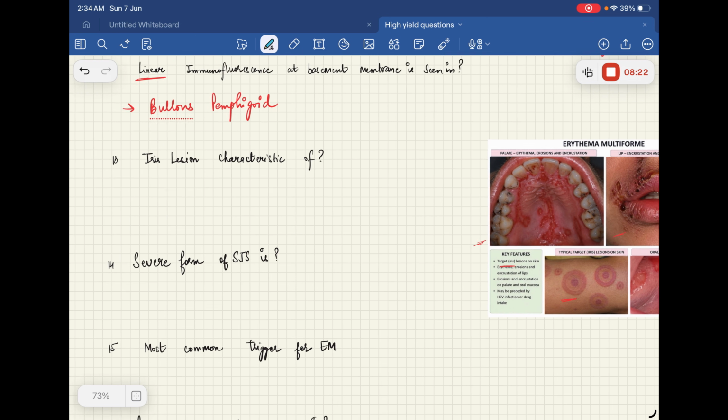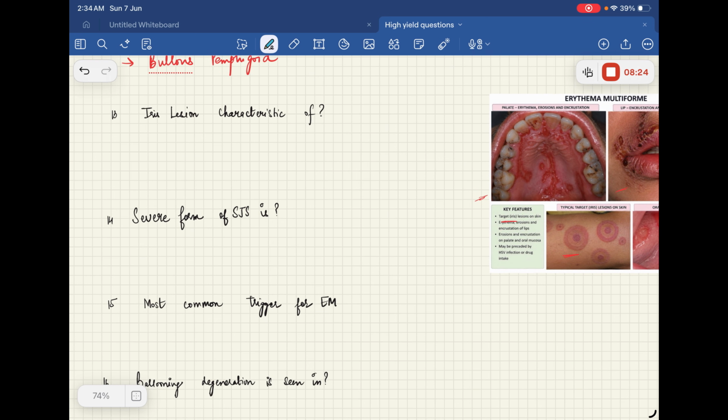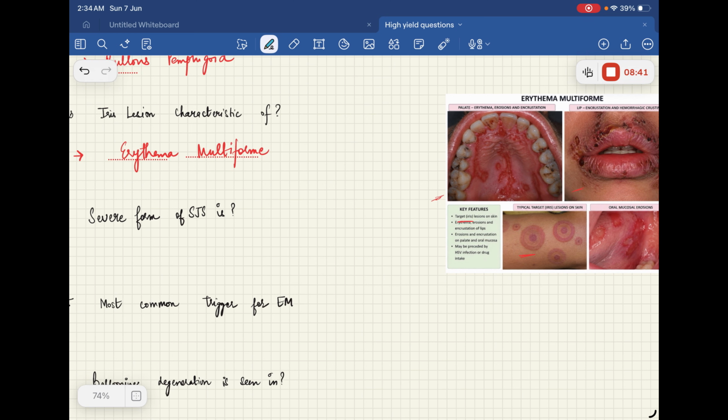Next question. Iris lesion is characteristic of erythema multiforme. This question was a PYQ which was asked in the NEET exam. Erythema multiforme.